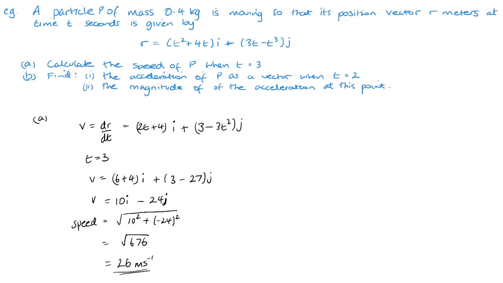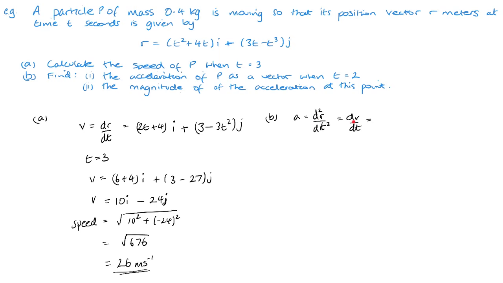Now let's move on to part B. The acceleration is what we want to find. The acceleration is either r, the displacement, differentiated twice, or the velocity differentiated once, because they're both the same thing.